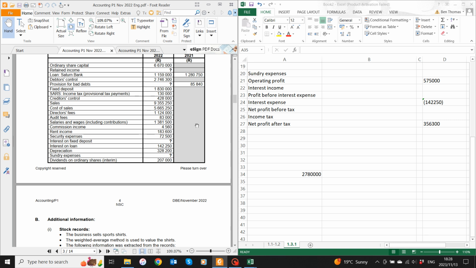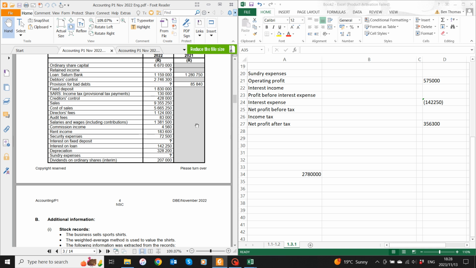So that means in a separate bank account, just for explanation's sake, you had 85,840 Rand. Now, for the understanding of the idea, if they tell you provision for bad debts must now become 80,000 Rand, what happens? It means you must reduce your provision for bad debts to 80,000 Rand.